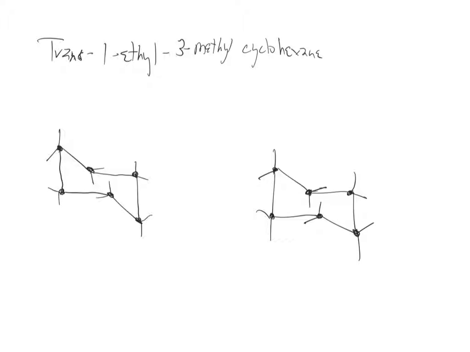Okay, so when we last left off, we were doing disubstituted cyclohexanes. We've already talked about cis versus trans. We have trans-1-ethyl-3-methylcyclohexane. There's an ethyl group.